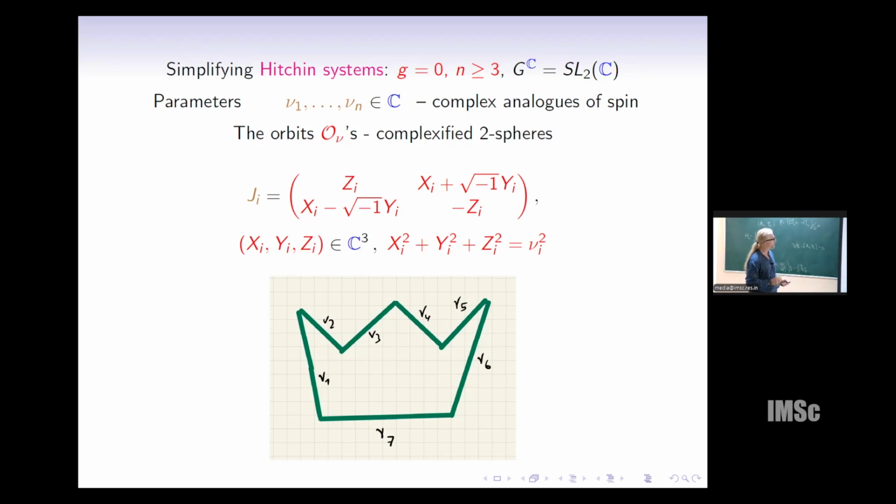Because the determinant is just the negative sum of squares. And so fixing the eigenvalues means that I'm fixing the sum of squares of these three numbers. Okay, so now I have a collection of such triples whose sums of squares are fixed. That's part of my data. And I have a condition that the sum of them is equal to 0.